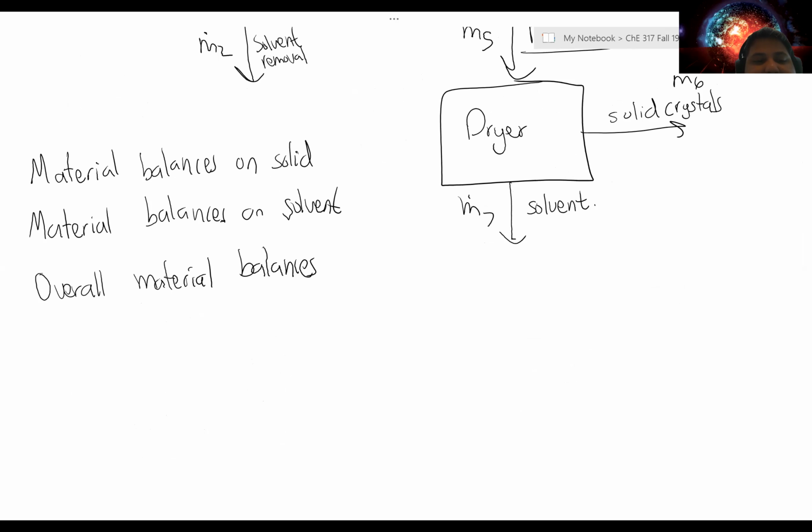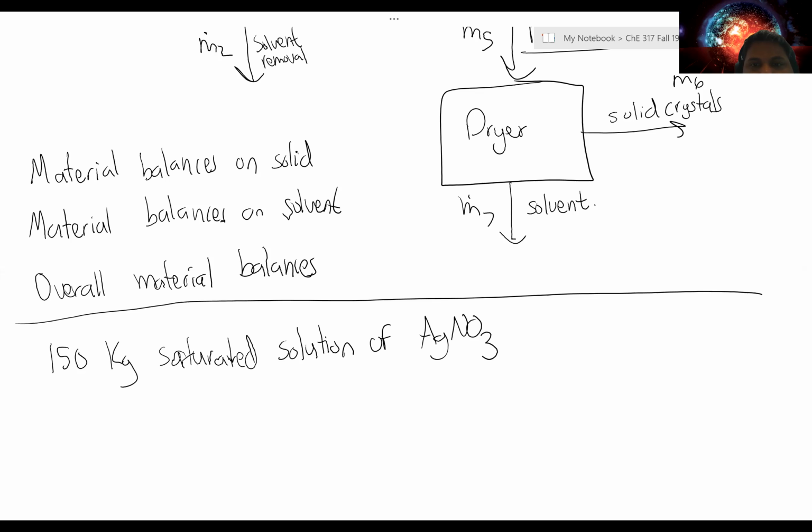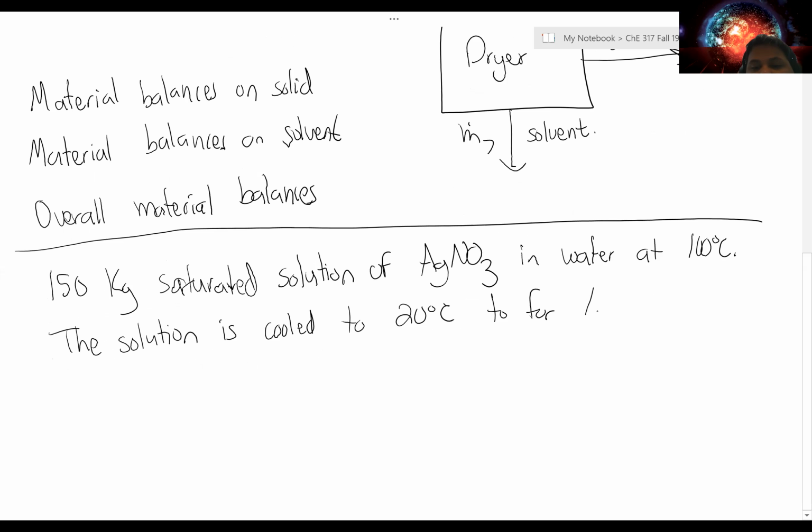So let's look at an example of crystallization, assuming I have a 150 kilogram saturated solution of silver nitrate in water at 100 degrees C. So this solution is going to be cooled to 20 degrees C to form crystals of silver nitrate.